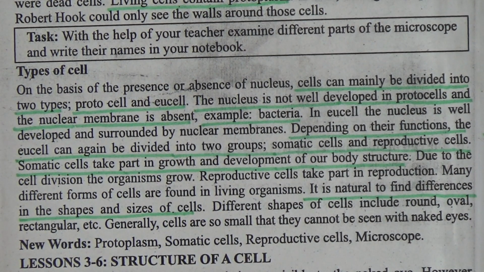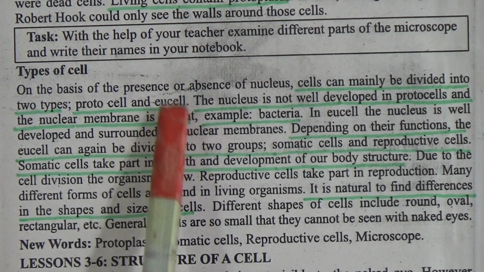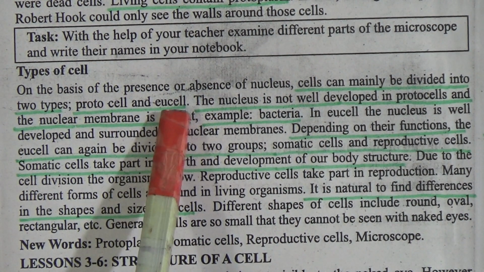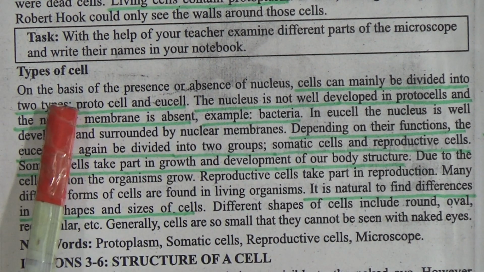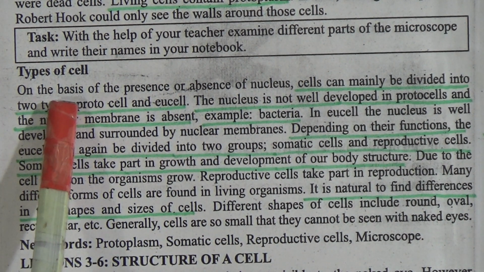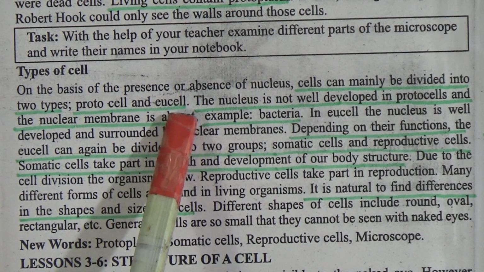In your book, protocell and eucell are written. Eucell means eukaryotic and protocell means prokaryotic. Prokaryotic cells are those cells whose nucleus is not well developed, and eucell is the cell whose nucleus is well developed.